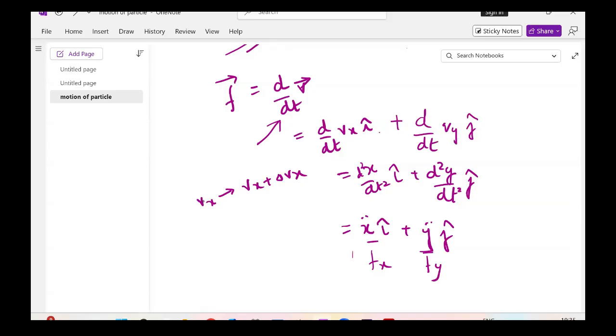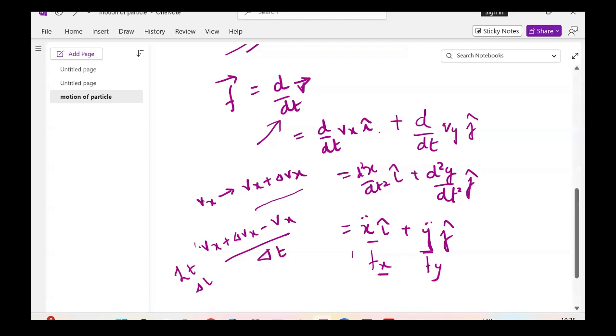That means if I am calculating fx, I am studying vx plus del Vx minus Vx with respect to t, and then applying the limiting condition, assuming the change in time is very small. So ultimately, as del t tends to 0, del Vx by del t is actually this x double dot. Similarly for y.